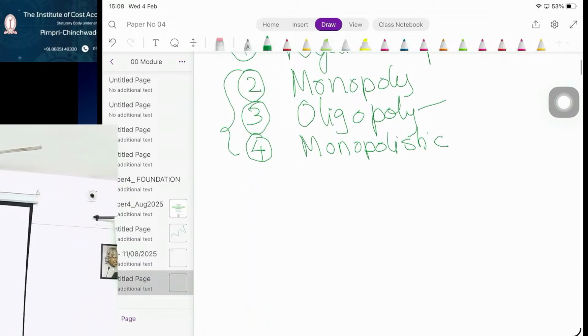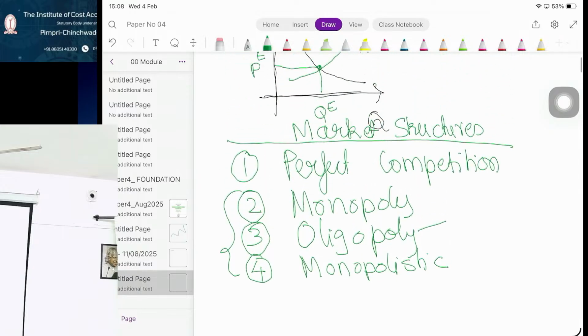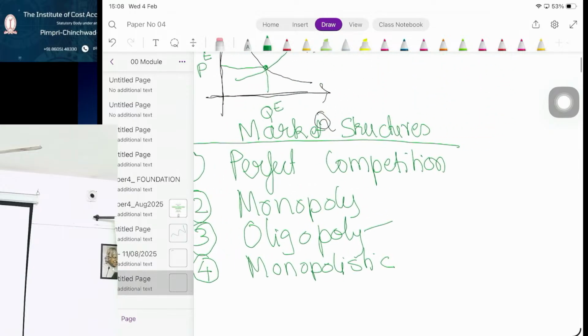Can you just remember in a brief way what are the four conditions that determine perfect competition? I thought we gave four conditions that determine perfect competition.